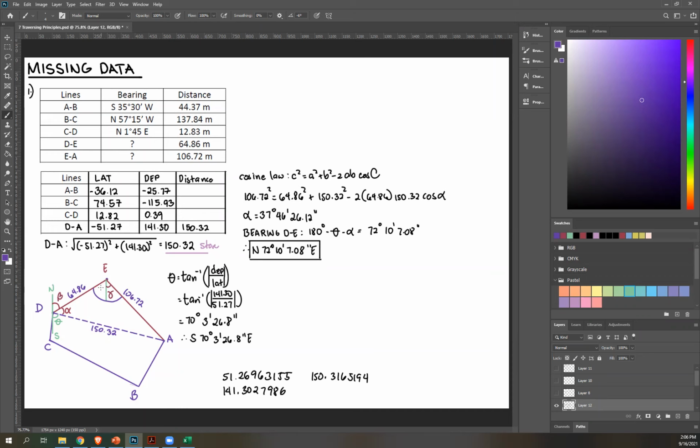And this is also just beta, because of the law of alternating interior angles. So these two angles are the same, this one and this one. Once again, if I manage to get this minus beta, that's your gamma, that's immediately the bearing of line EA.